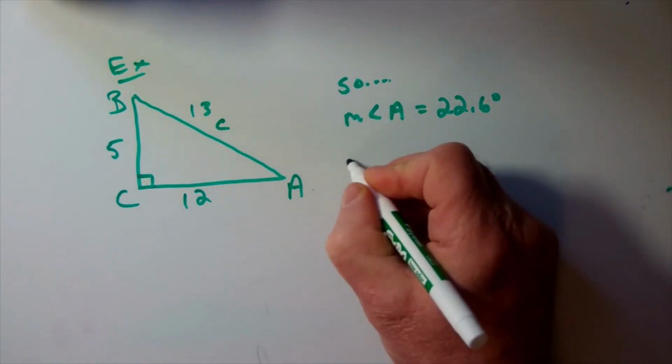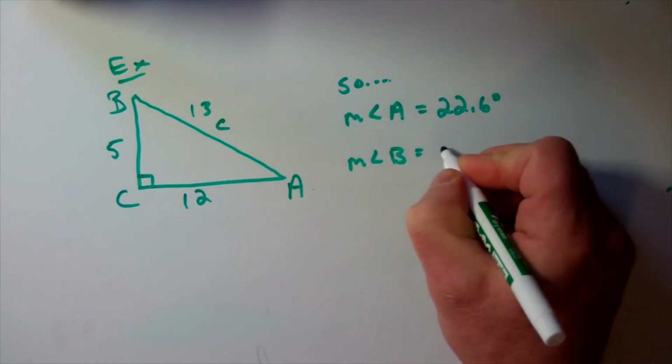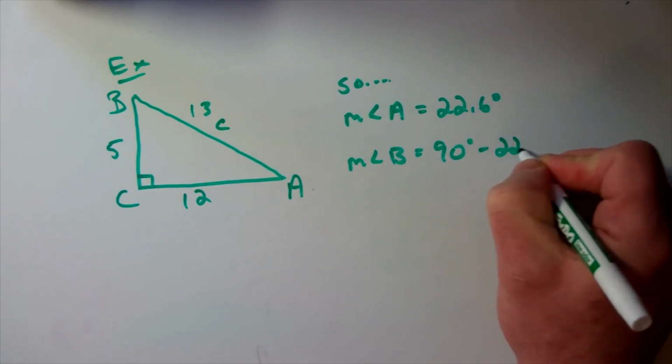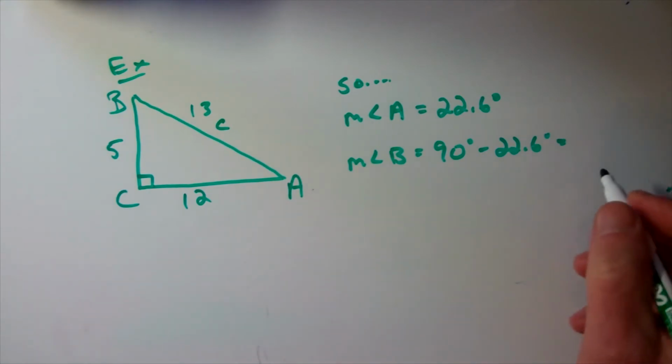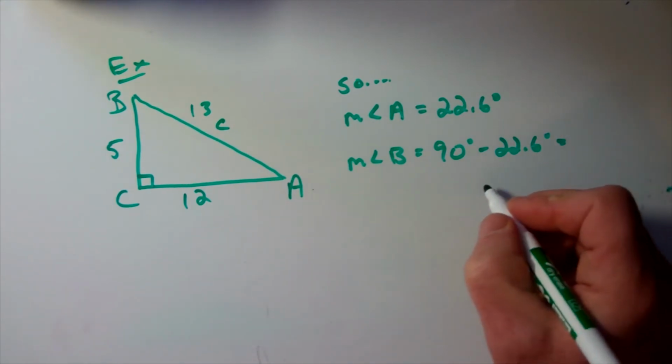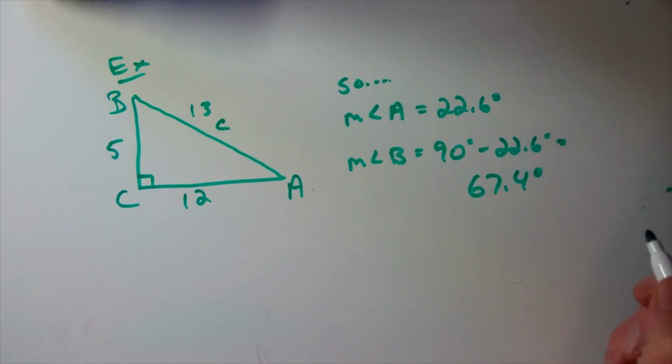So now I could do the same thing to find the other angle, or easier, I could just subtract 22.6 from 90 degrees to find the measure of angle B. So that's what I'll do. I'll go over to my calculator, plug those numbers in, and eventually I'm going to come back here and come up with the answer, which will be 67.4 degrees.